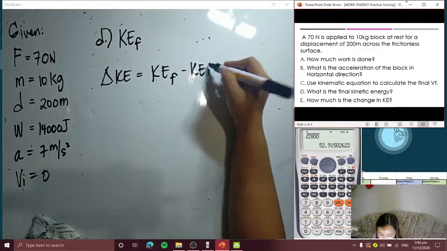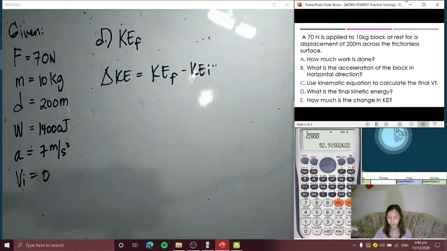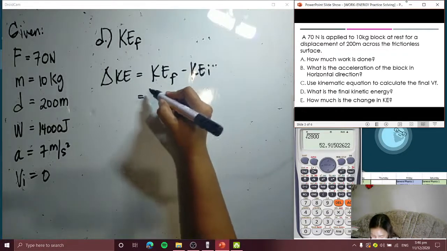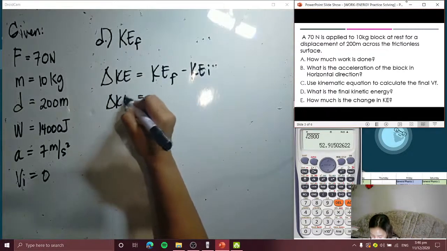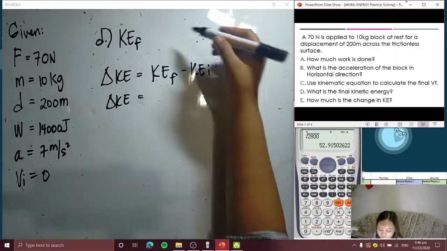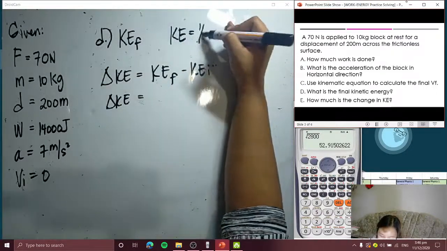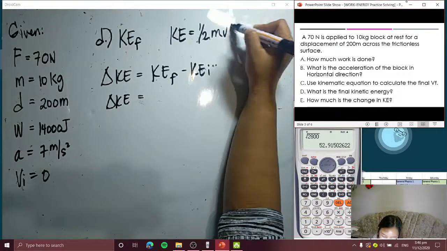KE initial. Okay. Now, take note that if we expand it, we have here the change in KE. So what is our equation for kinetic energy? It's 1/2 mv squared.